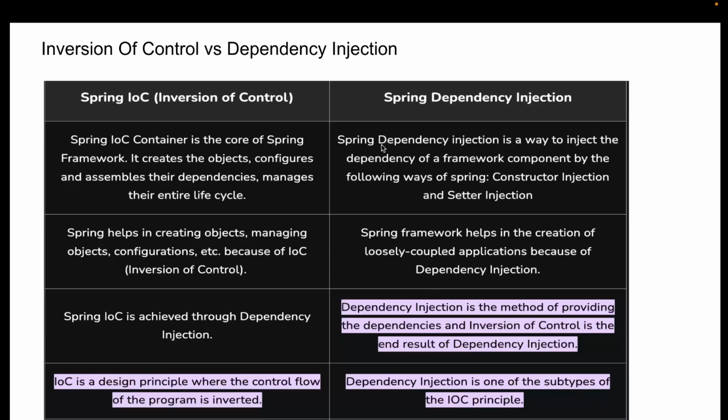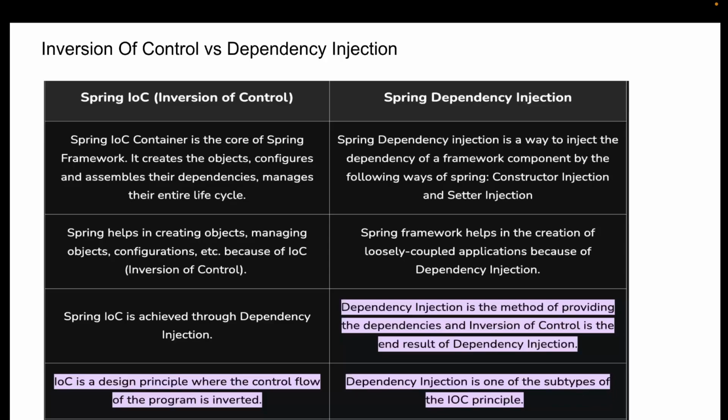So let's see this second column. Spring dependency injection is a way to inject the dependency of a framework component by the following ways of Spring: constructor injection and setter injection. We'll further see what constructor injection and setter injection is. So there are two ways of injection. Those are constructor injection and setter injection. So you understood, right?